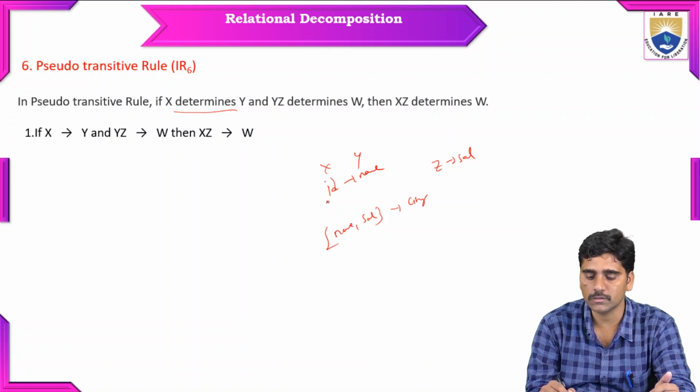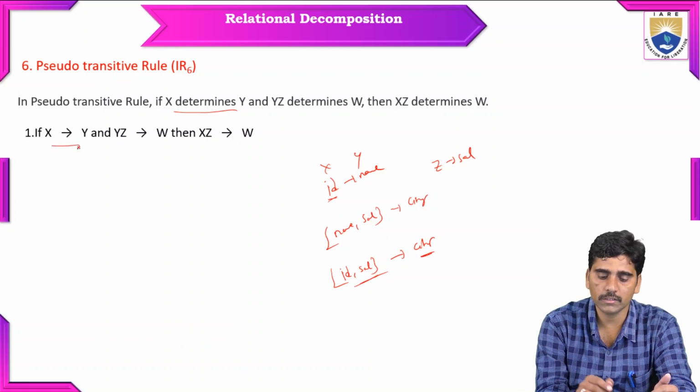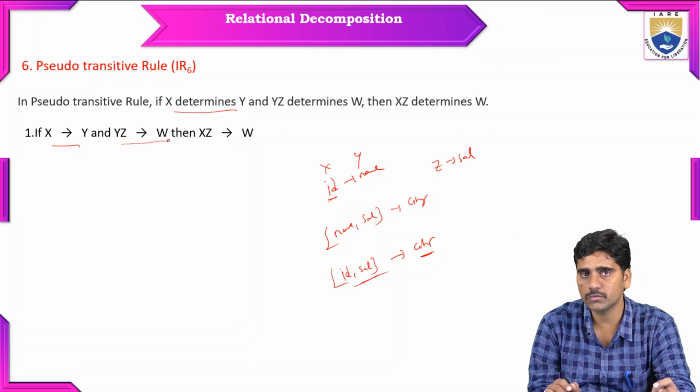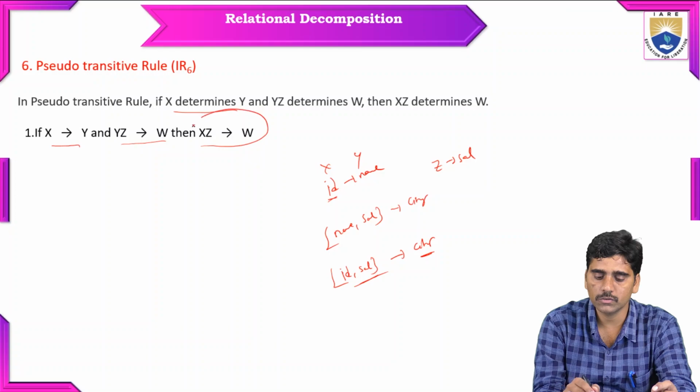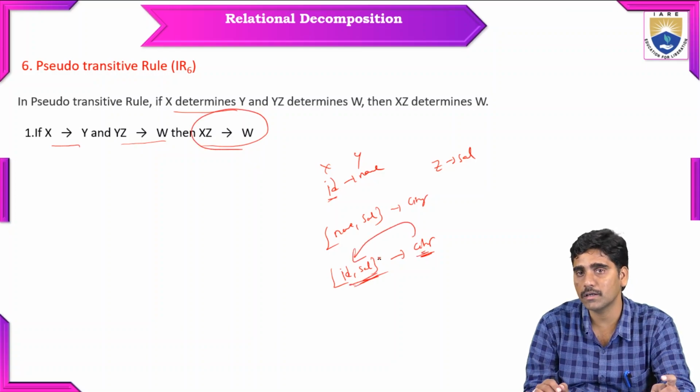Then xz, that is id comma salary, determines w, that is city. So if x determines y and yz determines w, then xz determines w. City is depending upon id comma salary. This is the way we can use the rules for validating the functional dependencies.